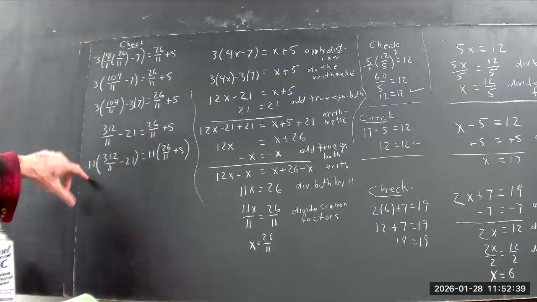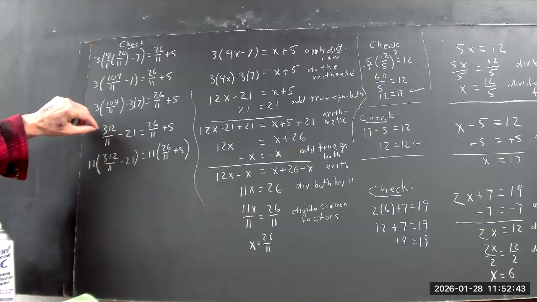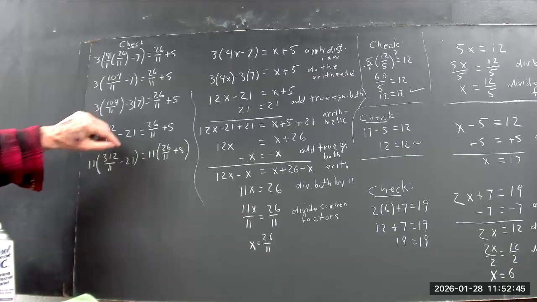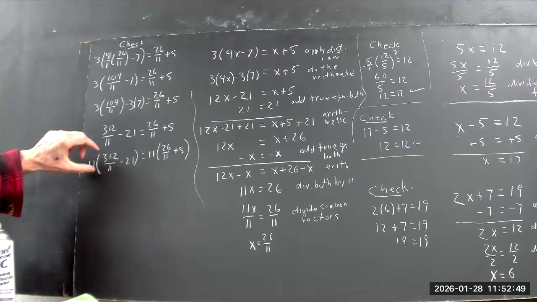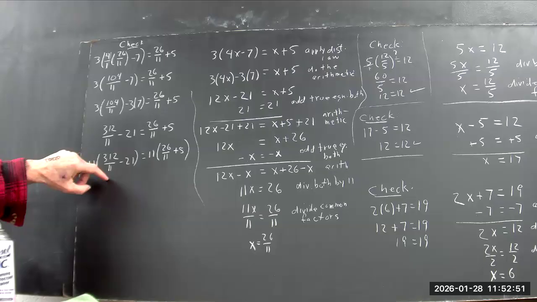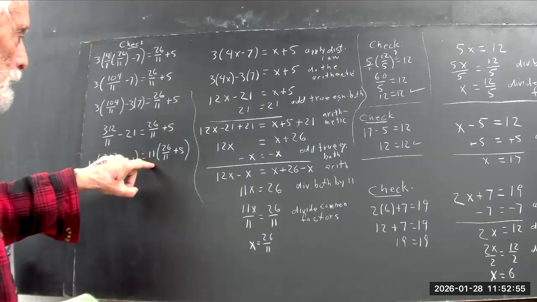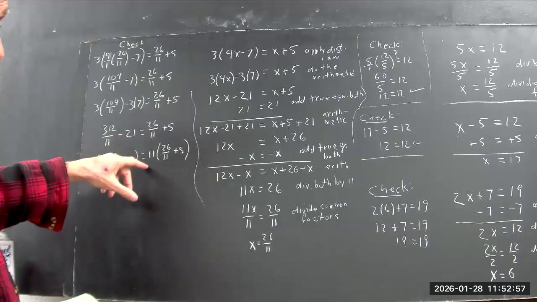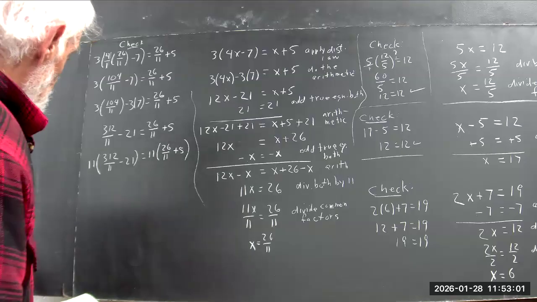Okay, so 11 times the entire left-hand side. So the left-hand side is 312 over 11 minus 21. We now multiply that by 11. We get 11 times the quantity 312 over 11 minus 21, and that's equal to 11 times the right-hand side, which is 11 times the quantity 26 over 11 plus 5.